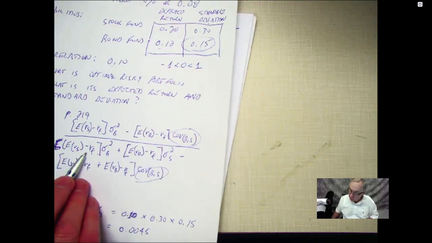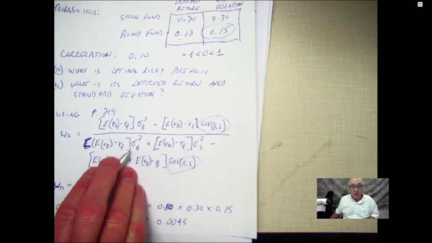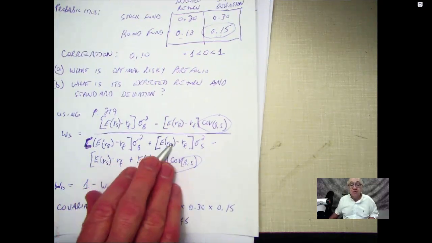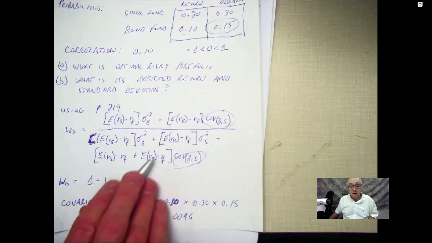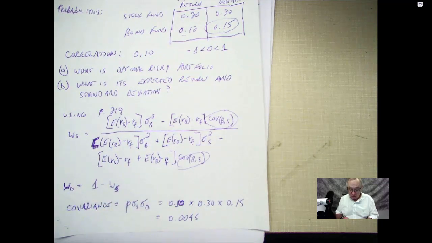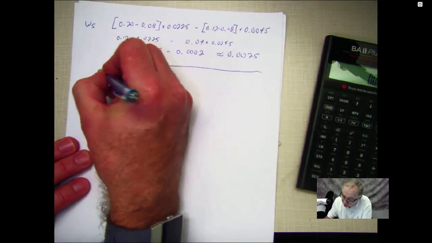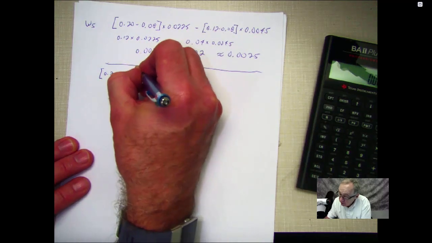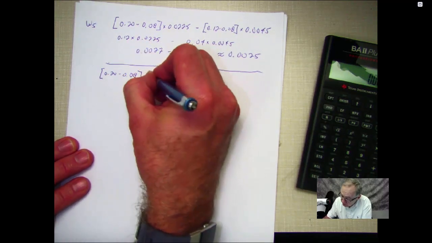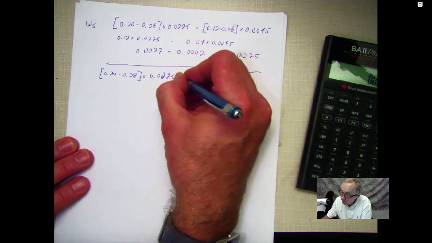The denominator is excess return for stocks, to be careful, times variance for bonds, plus excess return for bonds times variance for stocks, minus this expression times covariance. So, repeating what we have, excess return for stocks, 0.20 minus 0.08, times variance for bonds, 0.0225.